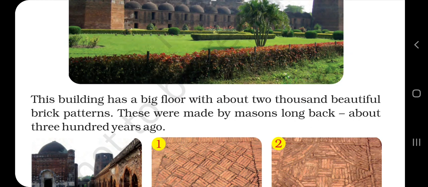Now, here is written 2000. How do we write 2000? Now, show me. Write 2000 and show me. These were made by masons long back, about 300 years ago.